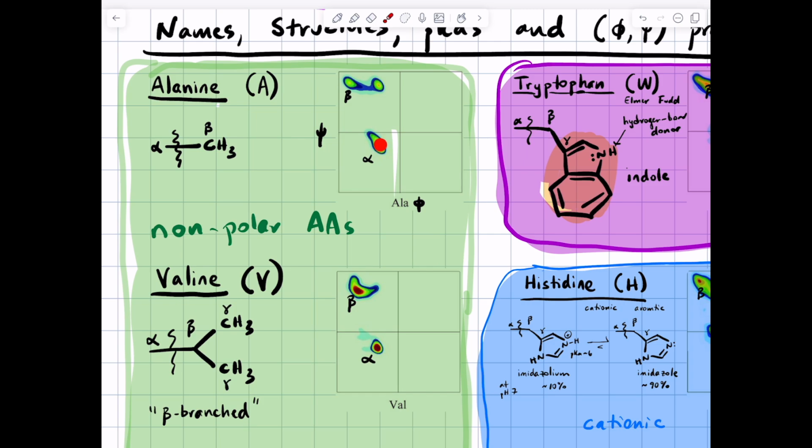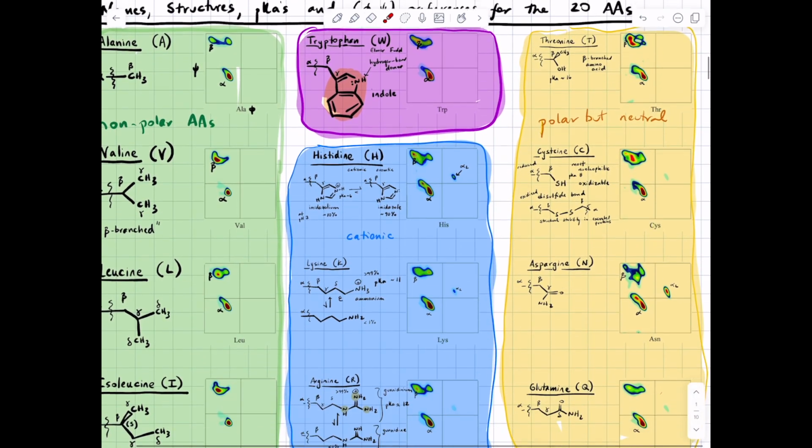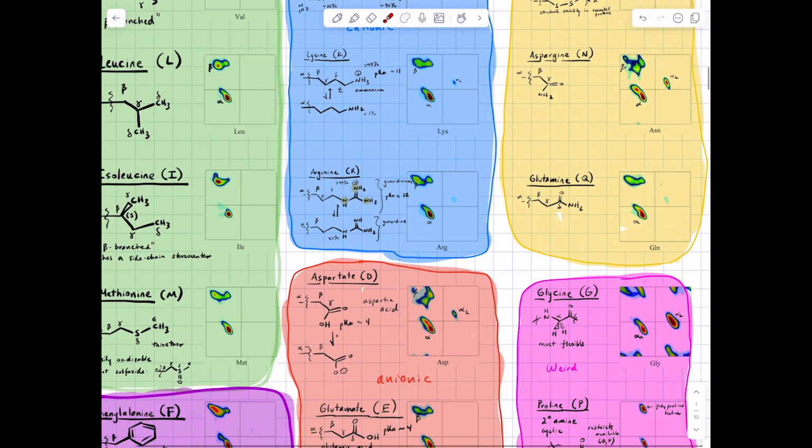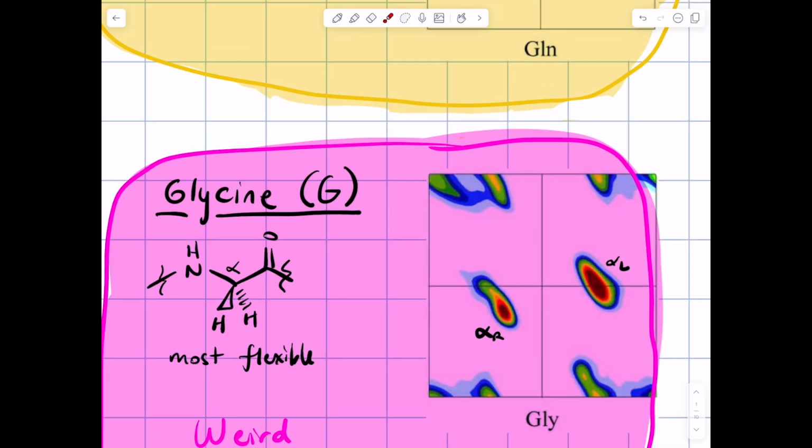This is the alpha helical region of the plot. There are also lots of, but slightly fewer examples of alanine in beta sheets. You add that beta branching group, and valine is, again, comfortable in helices, but much more comfortable than alanine in sheets. So the identity of the side chain can impact conformations adopted by that amino acid. That's also illustrated, I think I showed you glycine, which has parts of the Ramachandran plot highly populated that none of the other side chains do.